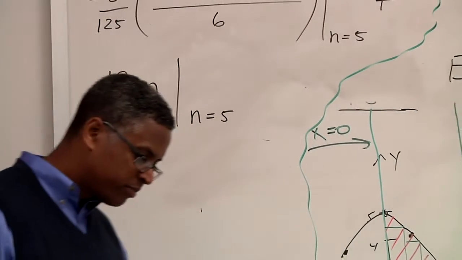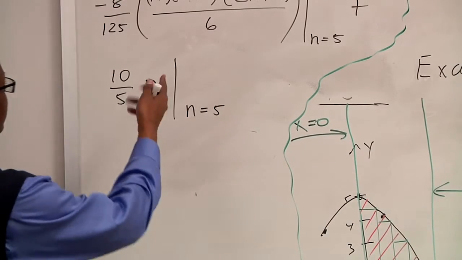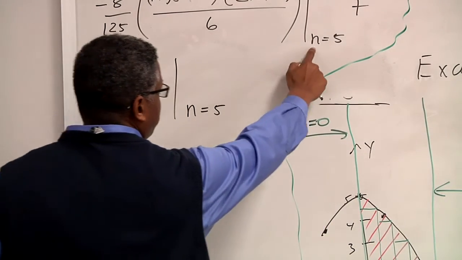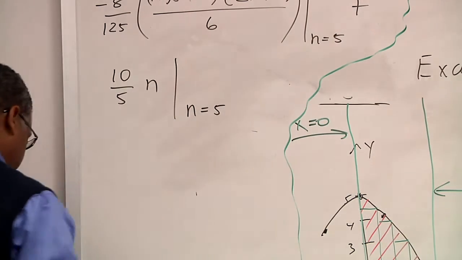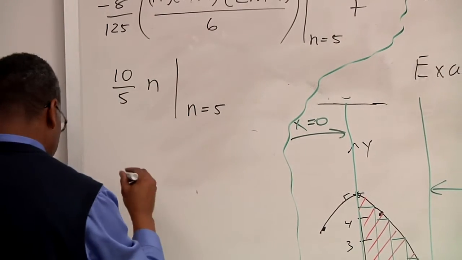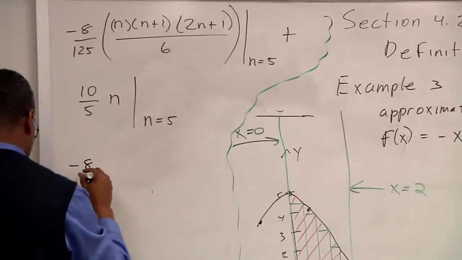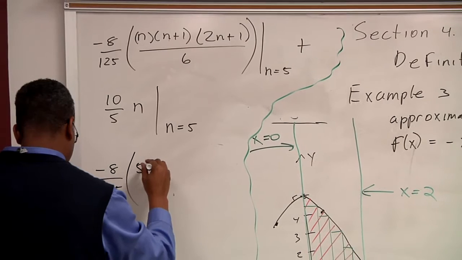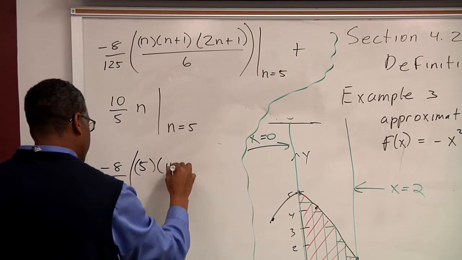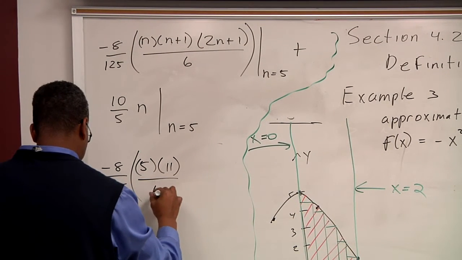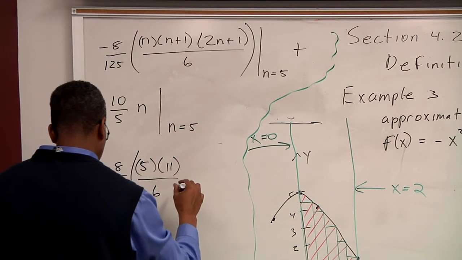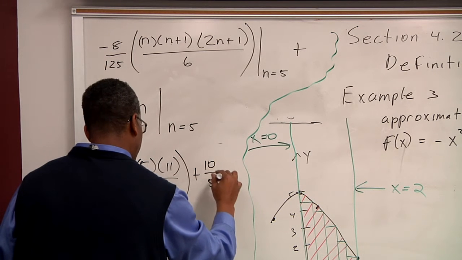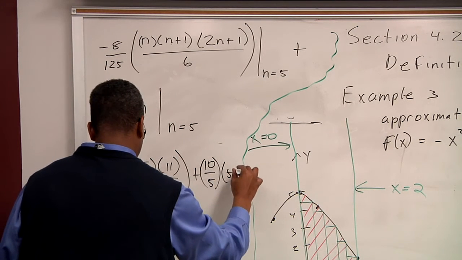Okay, so we're back. Since n equals 5, this is just notation that says everywhere you see an n, replace it with 5. If we do that, we're going to get minus 8 over 125 times 5 times 11 over 6, plus 10 over 5 times 5.